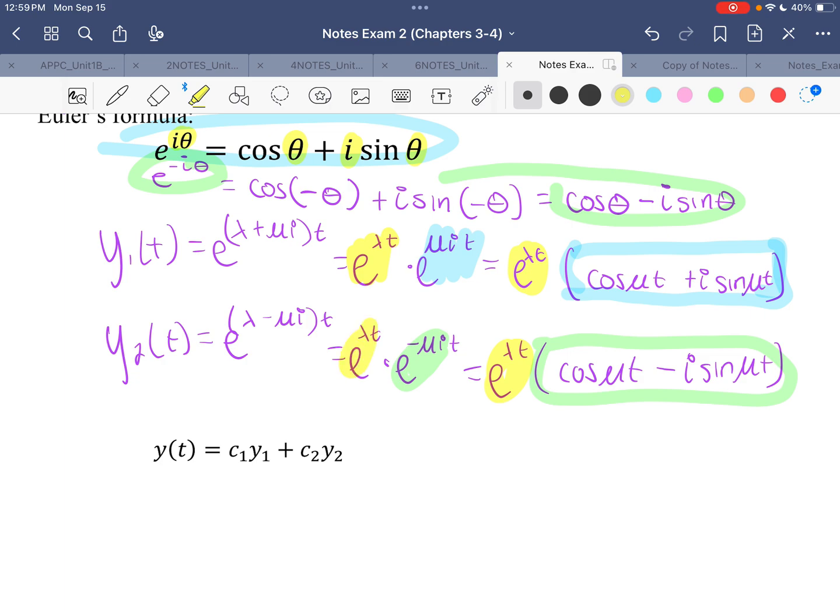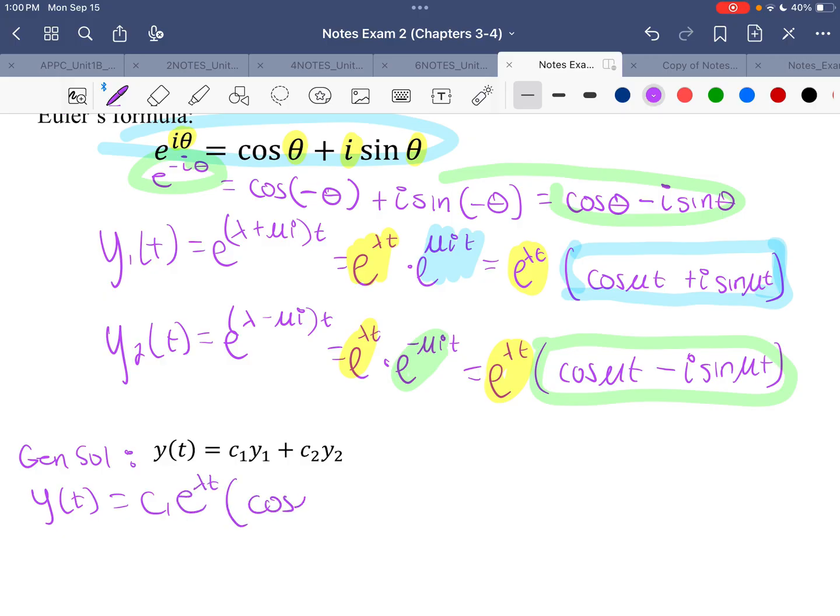Okay, so when we write our general solution, let's write it down here. y of t is equal to c1 e to the lambda t times cosine mu t plus i sine mu t, plus c2 e to the lambda t times cosine mu t minus i sine mu t.